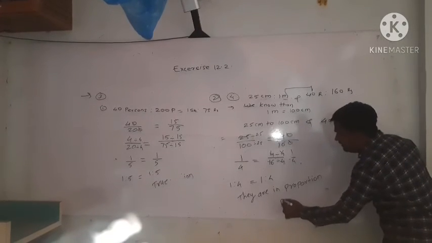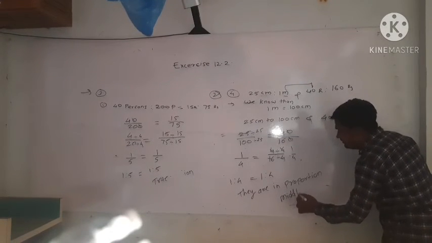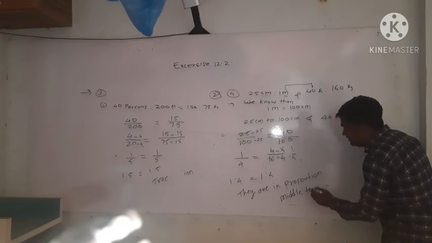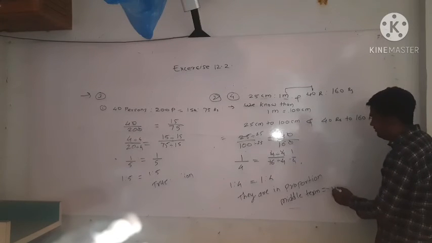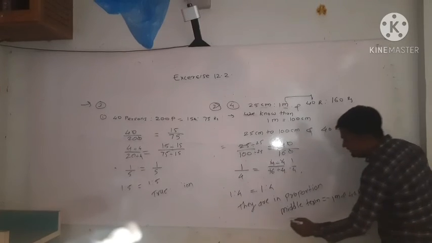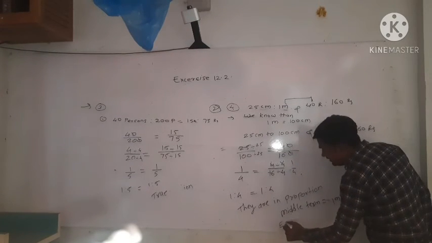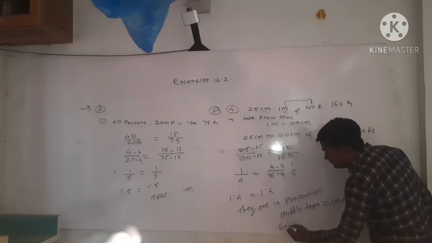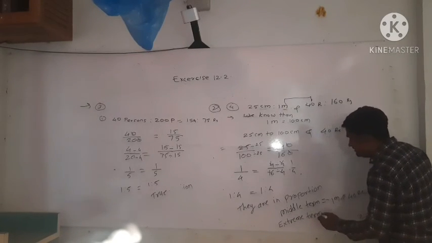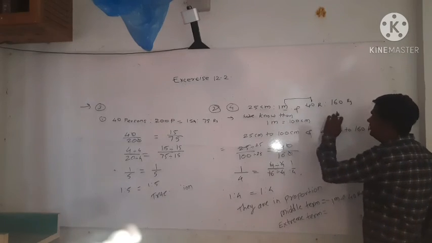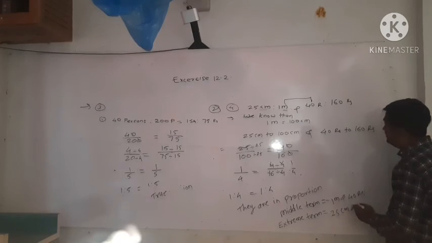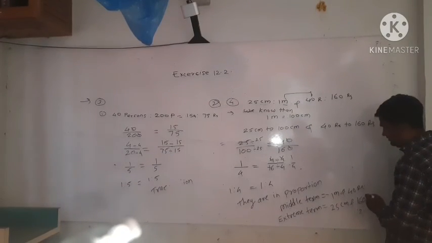Means middle terms are 1 meter and 40 rupees, and extreme terms are the first number and last number: first number 25 centimeter and last number 160 rupees.